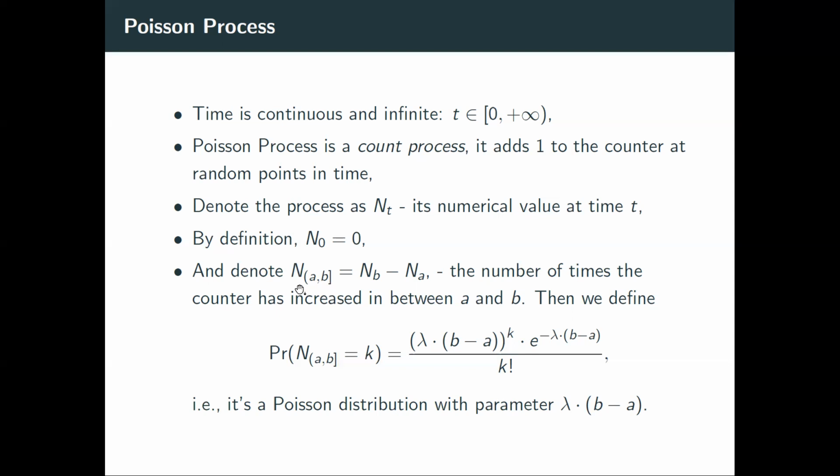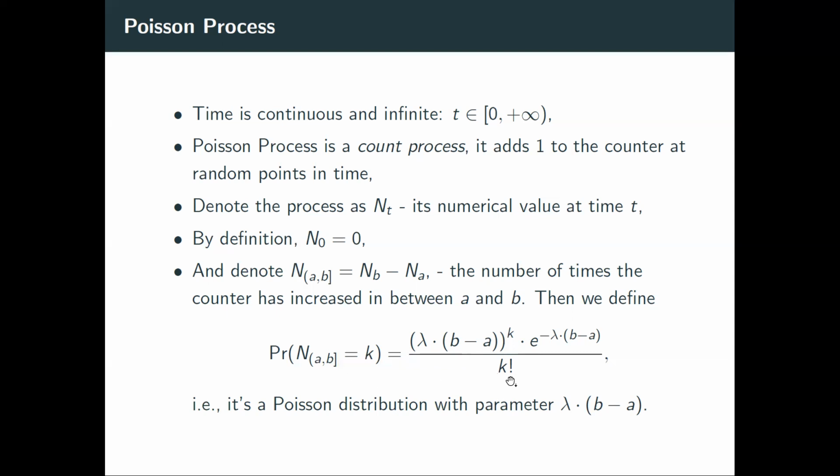And we specify it such that the probability that within the time interval from A to B, K events happen is equal to this. Actually, you can calculate that if you sum up these probabilities for different Ks, from 0, 1, 2, and so on to plus infinity, so you have an infinite sum over Ks, you will get 1. That is, it's indeed a probability function.